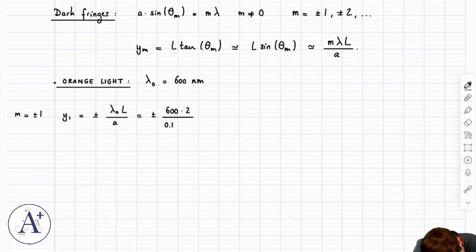Okay, so 0.1 times 10 to the negative 3. I really ought to have this in meters, not in nanometers, times 10 to the negative 9. Okay, and that's going to be equal to plus or minus 12 millimeters.